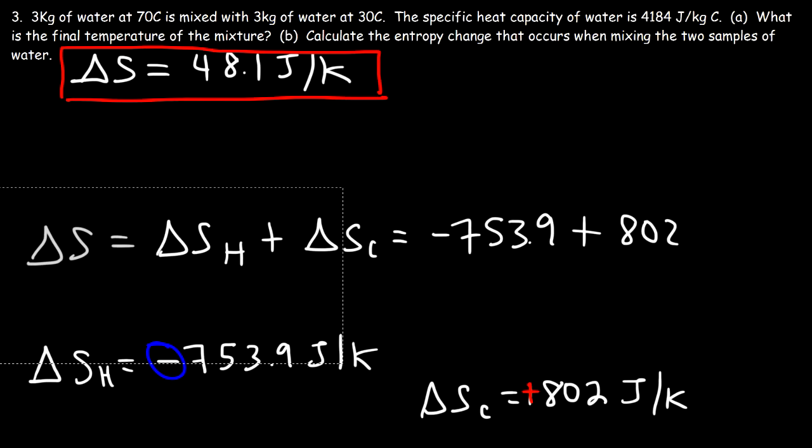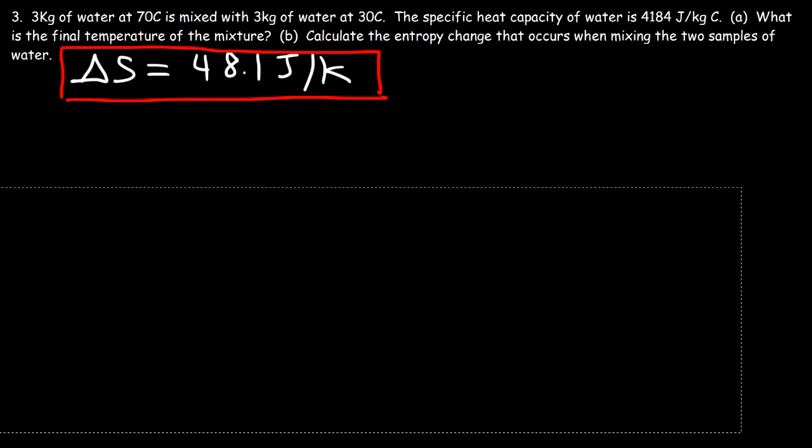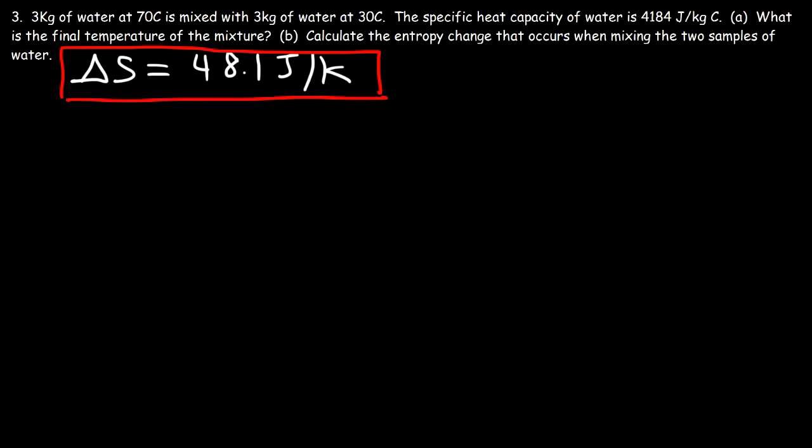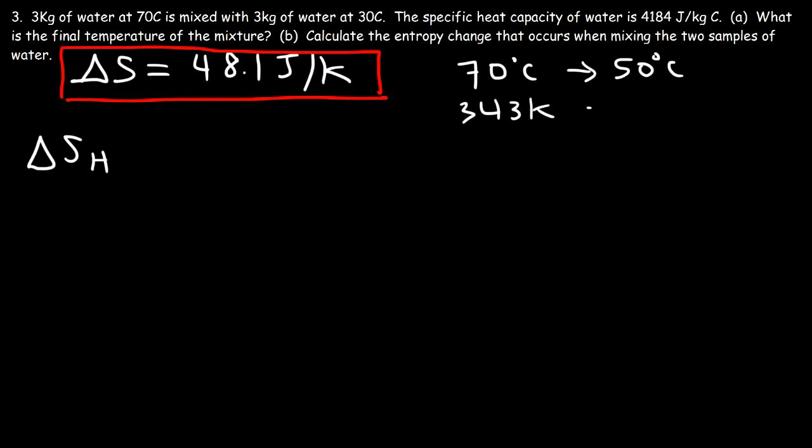Now let's use the other equation to get the same answer, the one that uses natural logs. So let's focus on this one. For the hot water sample, the temperature decreases from 70 to 50 degrees Celsius. So at 70 degrees Celsius, the Kelvin temperature is 343 Kelvin if you add 273 to it.